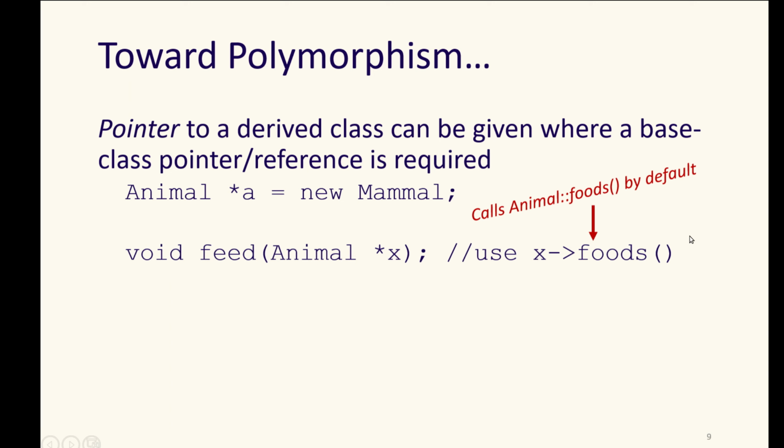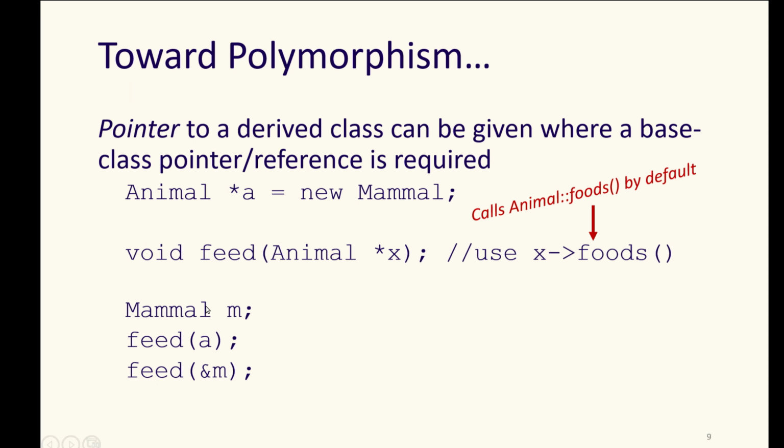If we want polymorphism, that's not the behavior that we want. We want to be able to have it do the specific feeding that a mammal needs. It would make no sense to feed a mammal the generic things that are animal foods, and likewise mollusk or whatever other kind of animal that we're looking at. We would want it to be able to feed the specific foods that subtype of animal, that specific animal needs.